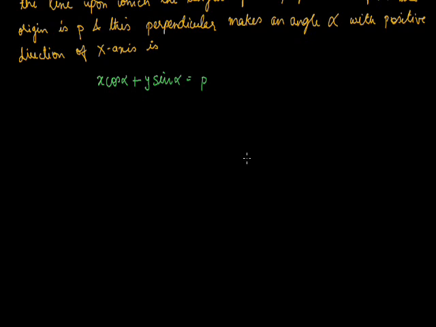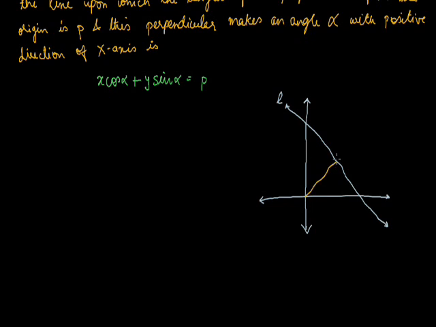For that, let me draw my axis first. Let's say this is my y-axis and this is my x-axis. Let's say this is my line L, and a perpendicular from the origin is drawn to the line.